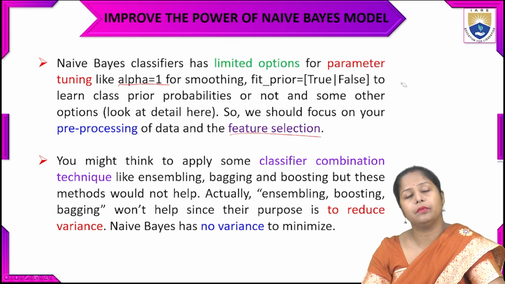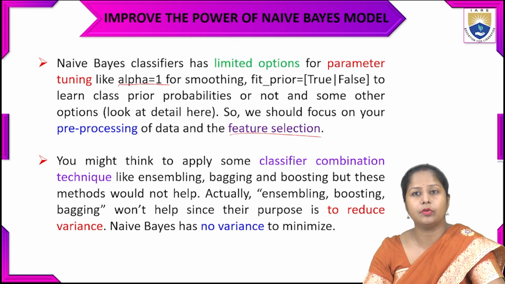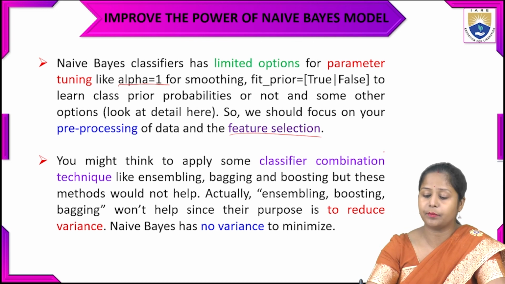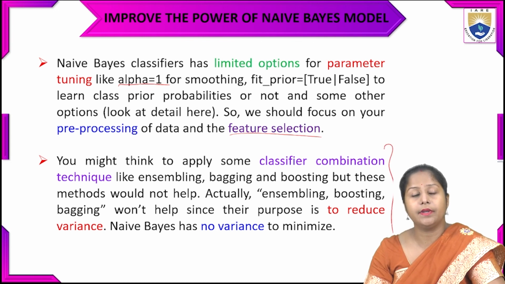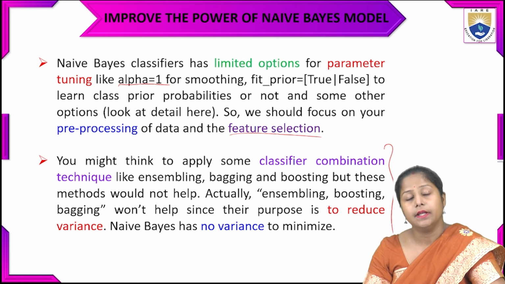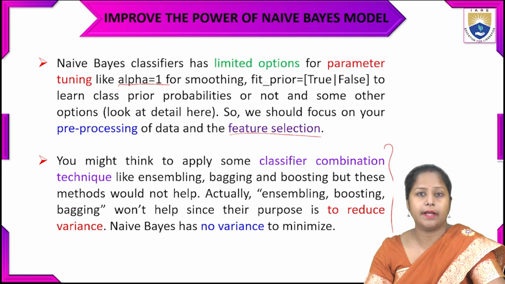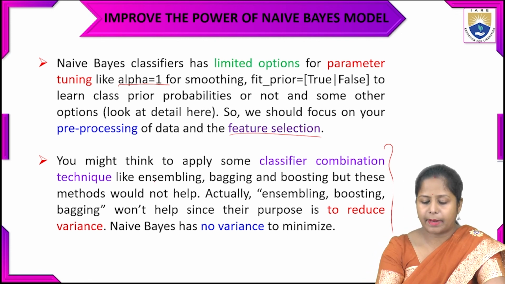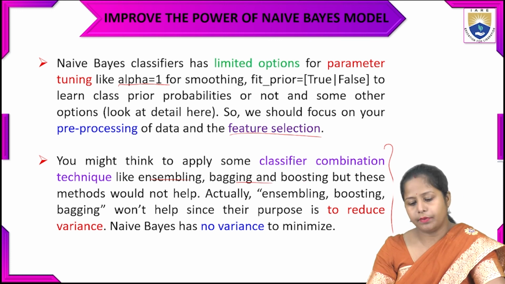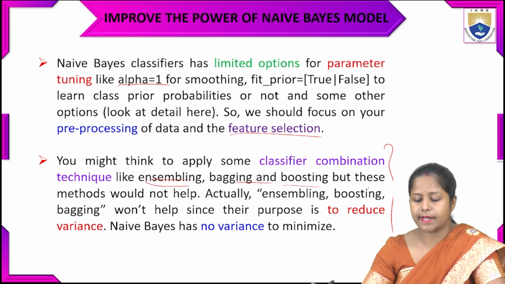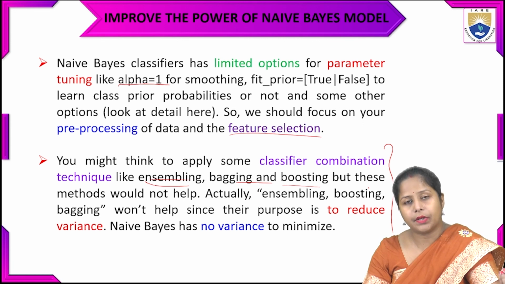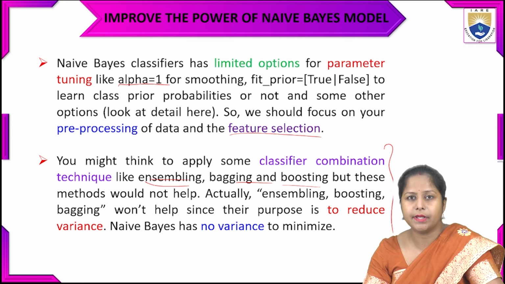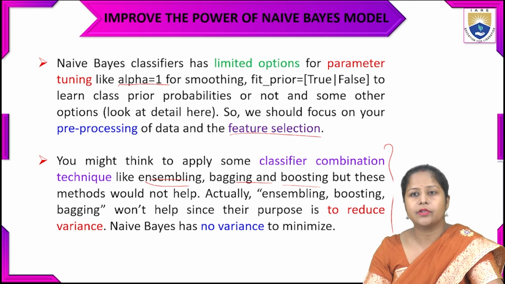We can think about applying some classifier combination techniques, because there are other classification approaches like ensembling, bagging, and boosting. We will go into that in later classes. But if we want to do combination classification here, we cannot. Why?